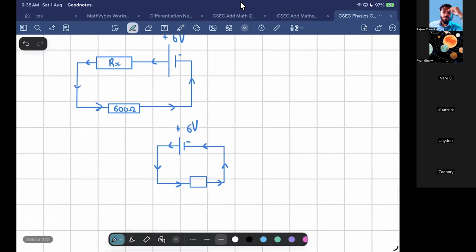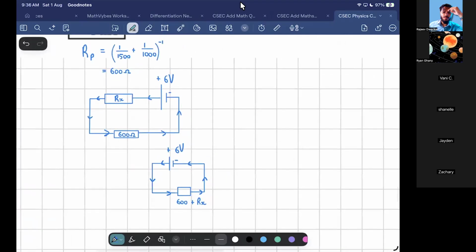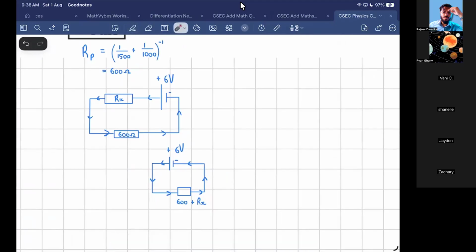So you're saying 600 by Rx? Wait, 600 plus Rx. Oh, yes. 600 plus Rx. Are they with me so far? Are they confused at this part? Okay, if you are highly confused, these resistors are in what? What are those resistors in?